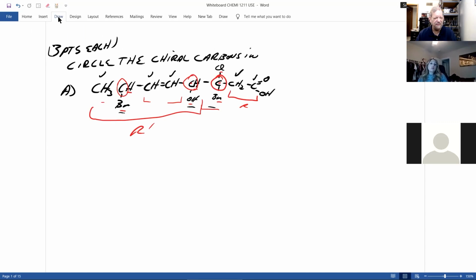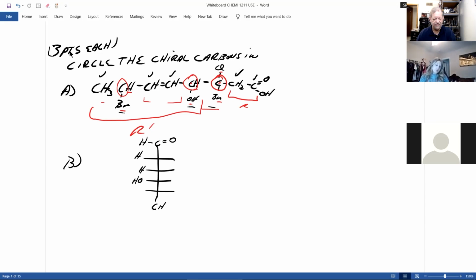Oh, let's do one more. All right, here's one more. Remember, every intersection of lines right here, here, here, and here are carbon atoms.